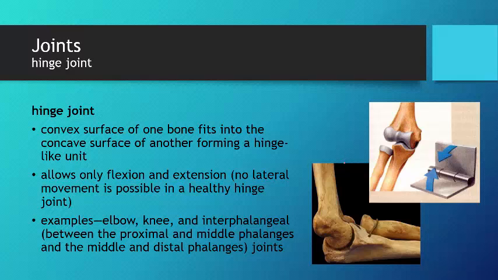And so, if you're flexing your elbow joint here, you can't get side-to-side movement in a healthy elbow because of the way that the joint is built. And so hinge joints are seen in the elbow, the knee, between the proximal and middle phalanx and the middle and the distal phalanx. So the joints amongst the phalanges, those are all hinge joints.